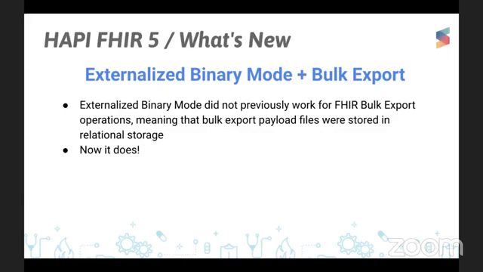That feature was implemented a while back, but was always excluded from support for the bulk export feature. If you're doing FHIR bulk exports, which do involve creating large blobs of binary data, that will now take advantage of externalized binary mode, which means that you'll be much nicer to your relational database if you do those things.